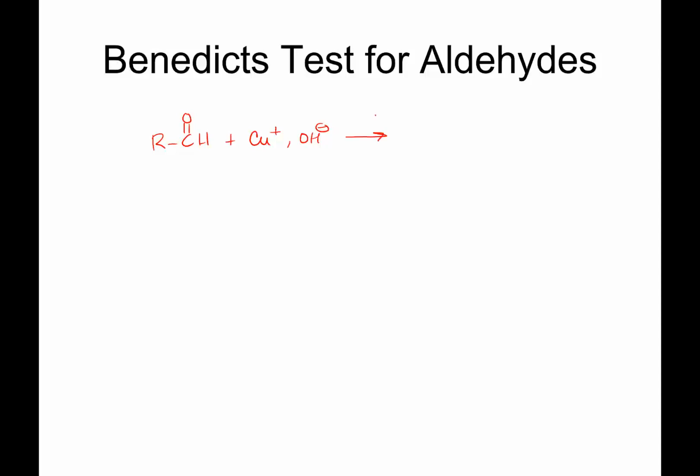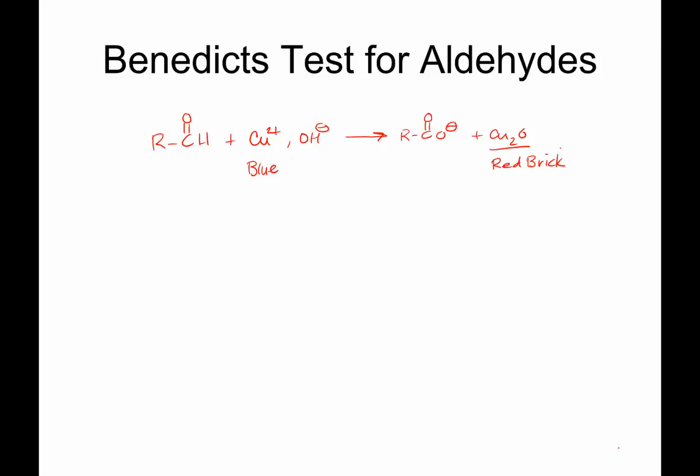And in this case, I'm going to end up oxidizing the aldehyde to a carboxylic acid that'll be deprotonated. And I end up forming copper 2 plus, and I end up forming a copper 1 oxide. Copper 2 is blue in color, if you remember that from General Chem. Copper 1 oxide is red, sometimes called brick red, because it's the pigment they use to put in bricks to make them red.